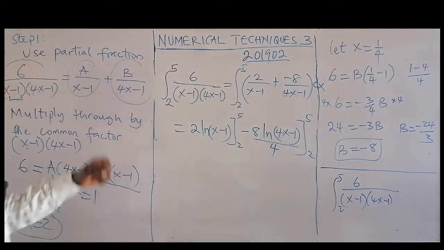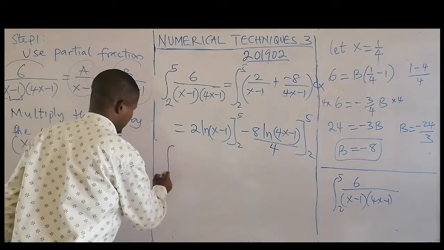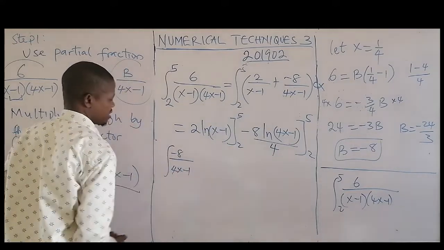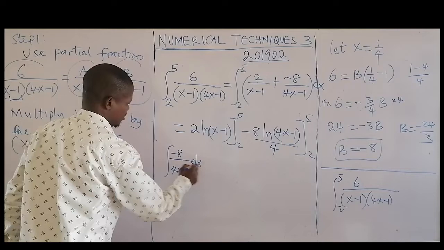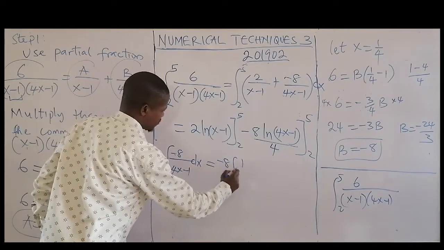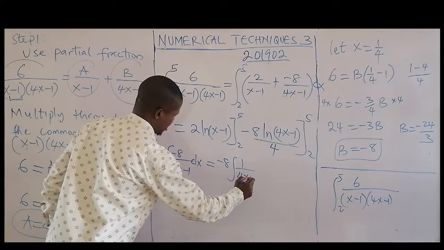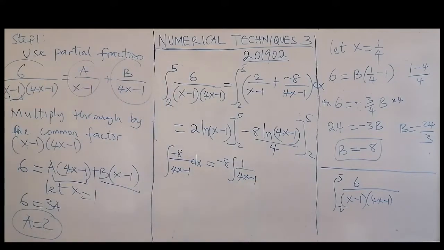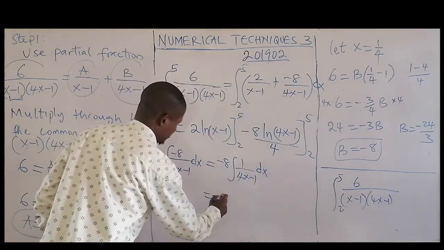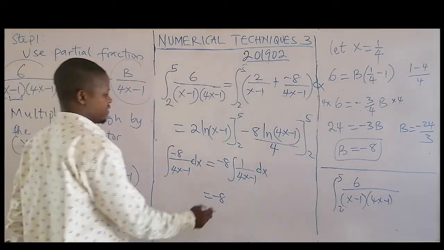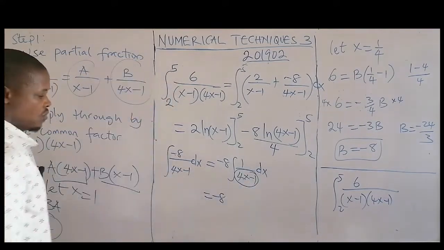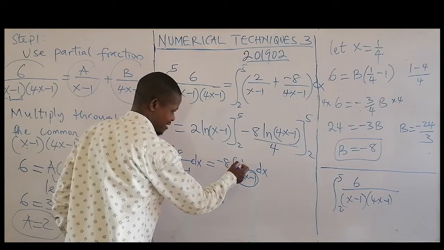Let me quickly buttress how I got that. If you have the integral of minus 8 all over 4x minus 1, dx, this minus 8 can come outside the integration: minus 8 integral of 1 over 4x minus 1, dx. The derivative of the denominator is 4, which is not the same as the numerator.